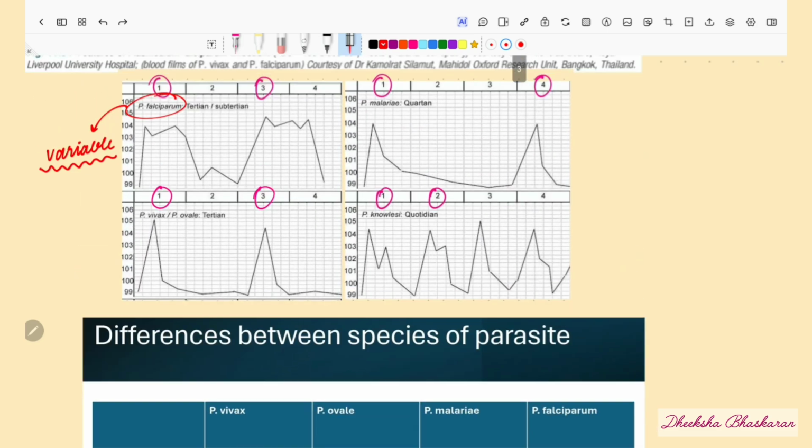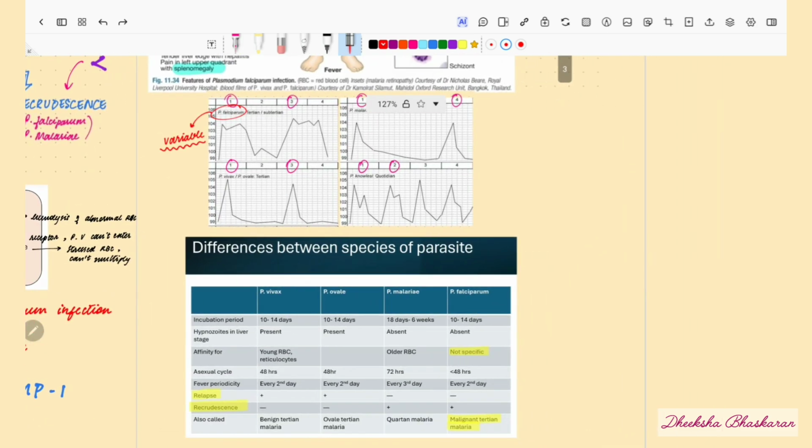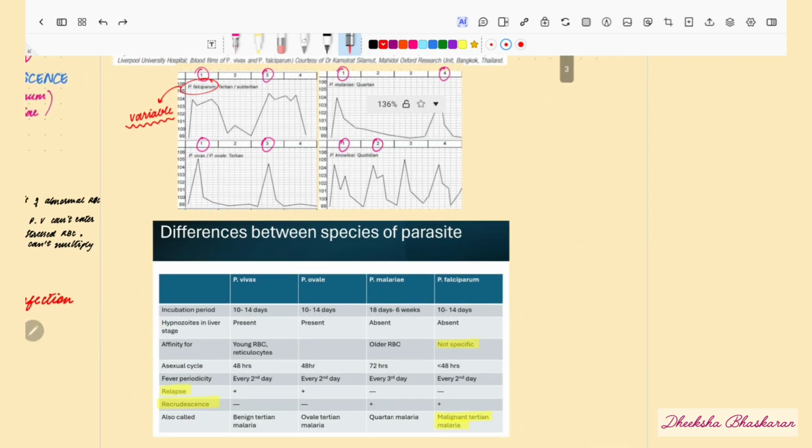periodicity, we saw through this chart here, this graph here. Vivax every second day, meaning every 48 hours. Plasmodium ovale also every second day. Then Plasmodium malariae every third day, and then Plasmodium falciparum also every second day, but this is variable, right?